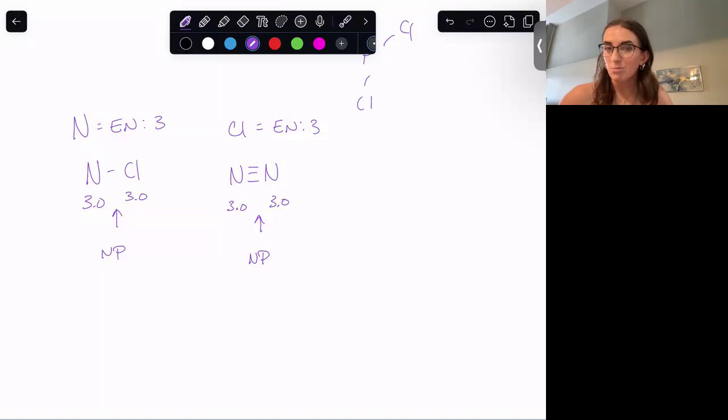Is it easier to break 3 boards or 1 board? It's easier to break 1, right? Or if you have a pencil and you're trying to snap that in half, it's easier to break that 1 pencil in half than 3 at one time. So since that single bond is easier to break, nitrogen with 3 bonds is going to require more energy to break.